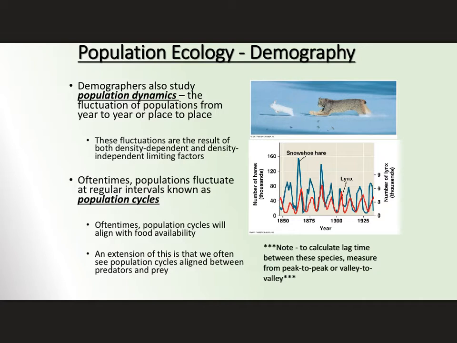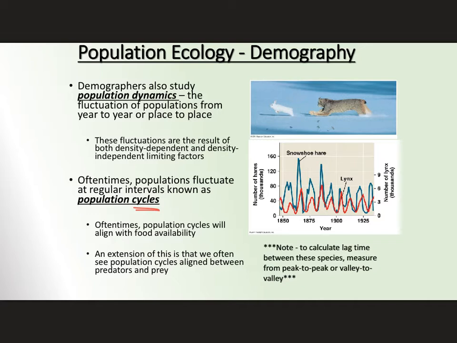Another thing about demographics is this often encompasses what we call population dynamics, and the word dynamic meaning always changing. Populations are interesting to study because they do fluctuate quite a bit. The combination of what we saw on the last slide with survivorship and other population studies take us to the fact that a lot of times populations are cyclical.